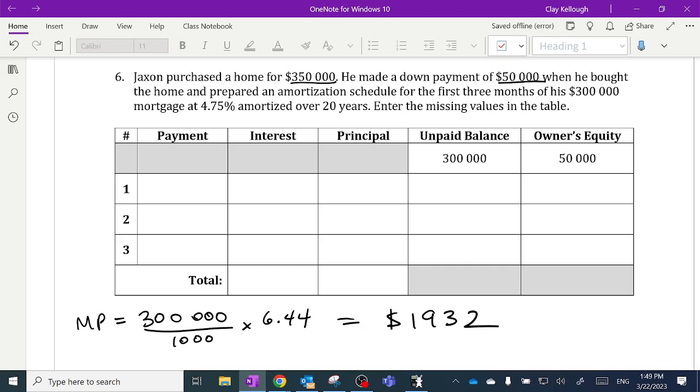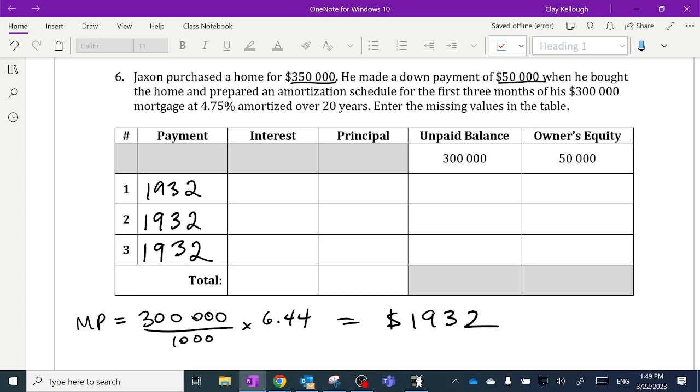Where does that number go? Payments. And that's the one number that doesn't change until, of course, it's time for your term to be up and you have to renegotiate your mortgage. So if it's for the first 5 years, the first 60 payments will all have that same payment amount.